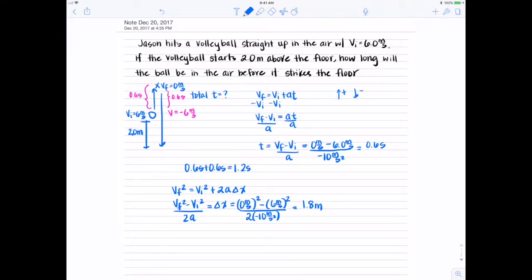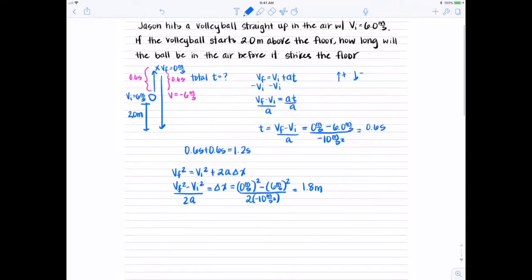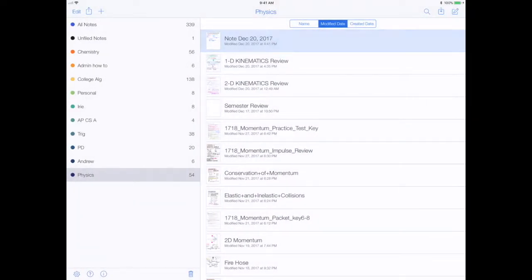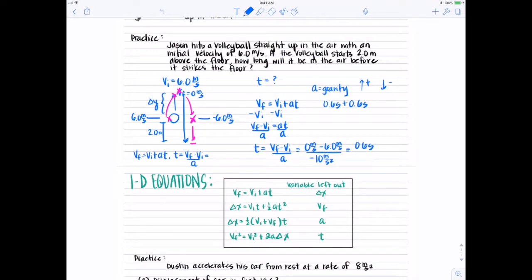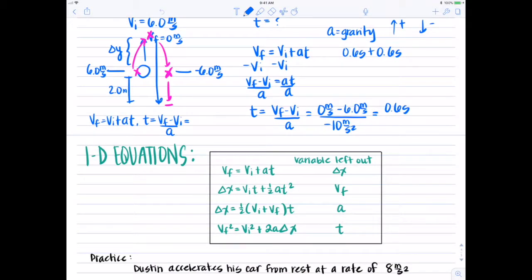So the distance that the ball covers on its way back down would be the 1.8 meters plus the 2.0 meters. So if we go back to our notes, utilizing this equation here that leaves out V_f, I'm looking at the second equation, delta x equals V_i t plus 1/2 at squared.